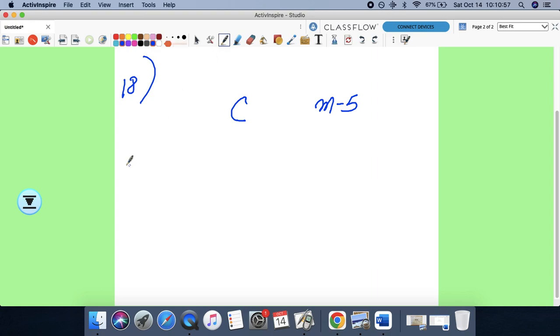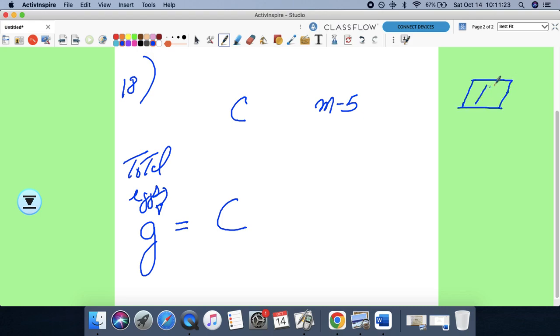So the total number of eggs that were transported is represented by G. It's equal to the total number of crates, however many crates, and they had M eggs in each crate. So if you multiply, one crate has M.